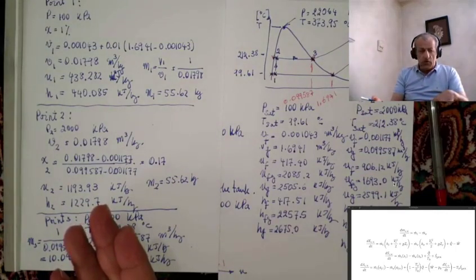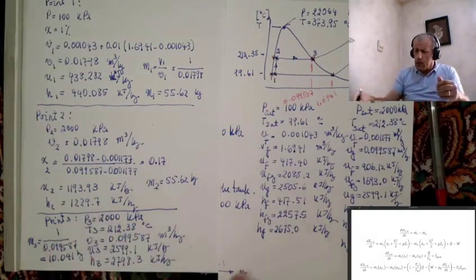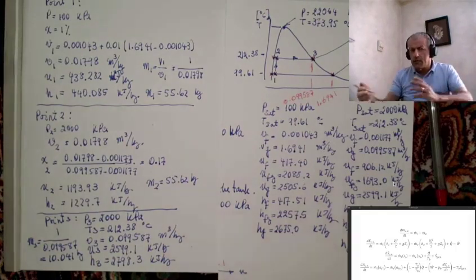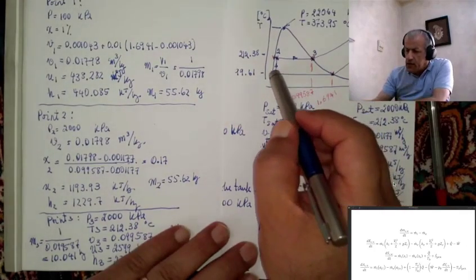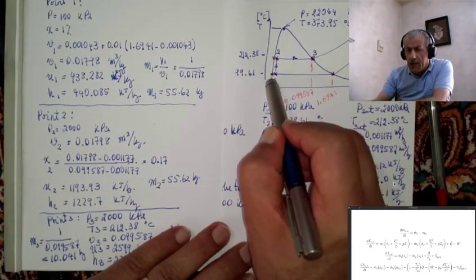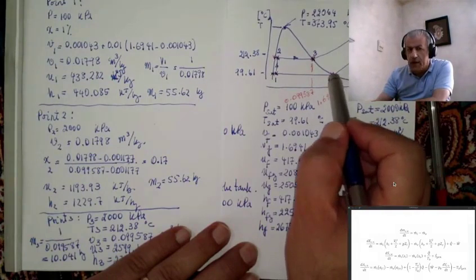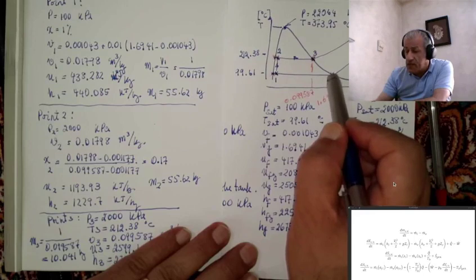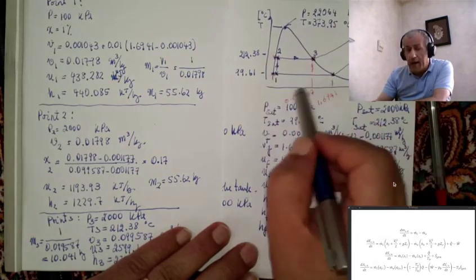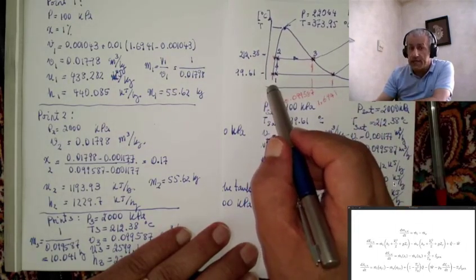A second note, which is very important: when we say the quality is 1%, it doesn't mean that we have a mixture of vapor and liquid. No, it's not the case. We have some liquid here and some vapor here. Quality just gives the ratio between what is happening here and the total mass inside this tank.